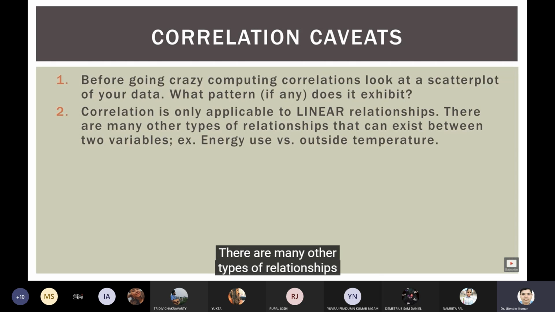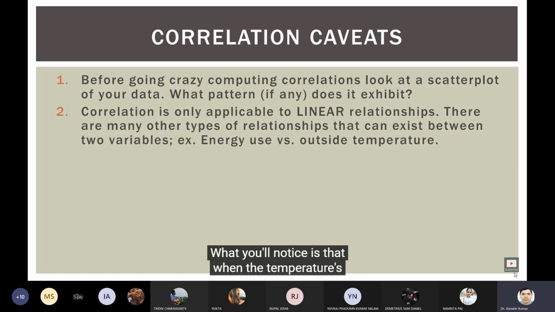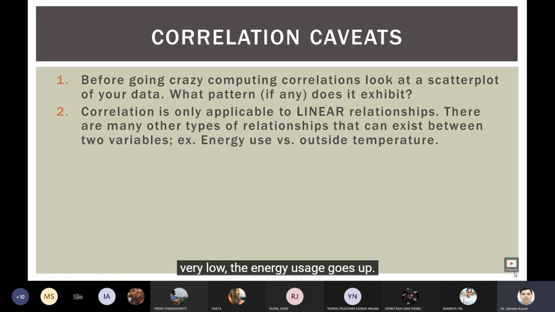There are many other types of relationships that can exist between two variables, and we'll look at those in a minute. For example, if we were going to look at a scatter plot of energy usage versus the temperature outside, and I live here in the Midwest, so our seasons vary quite a bit, what you'll notice is that when the temperature is very low, the energy usage goes up.